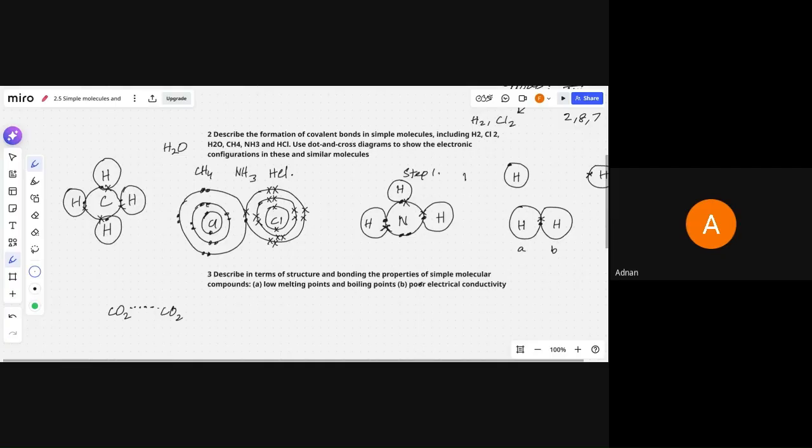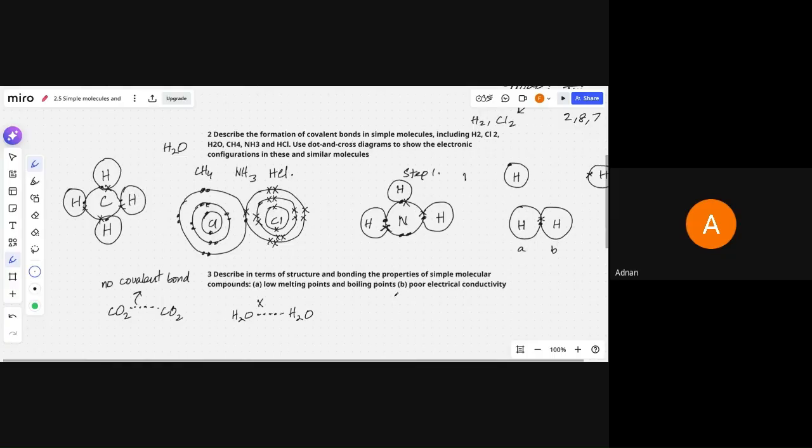So those compounds in which there is no covalent bond between the molecules, right? No covalent bond. These are called simple molecular. Again, water, for example, is also a simple molecular compound, because between two H2O molecules there is no covalent bond, right?